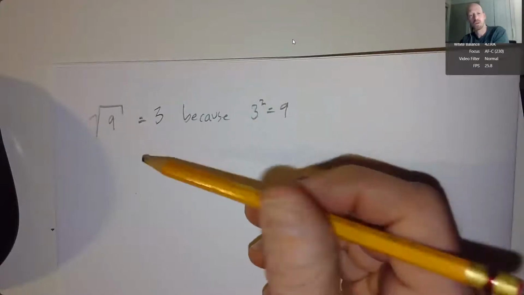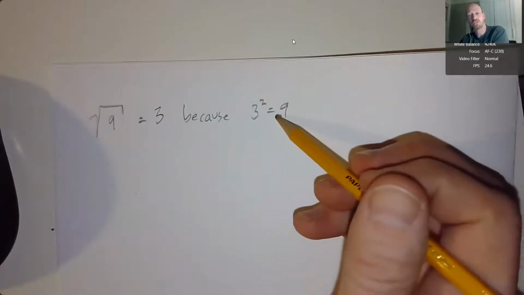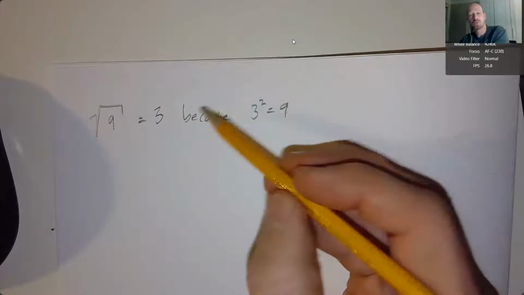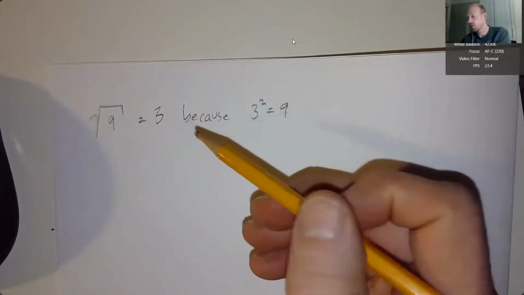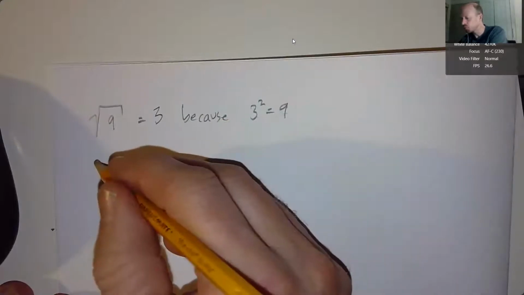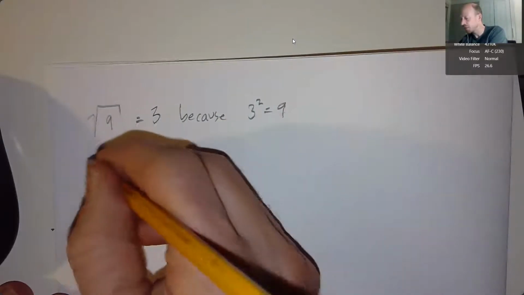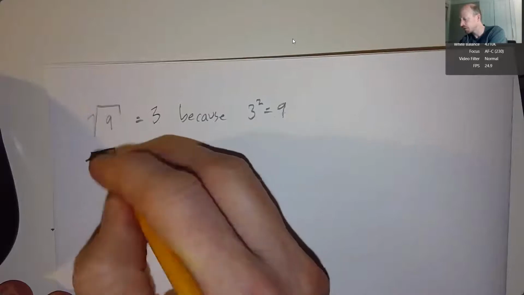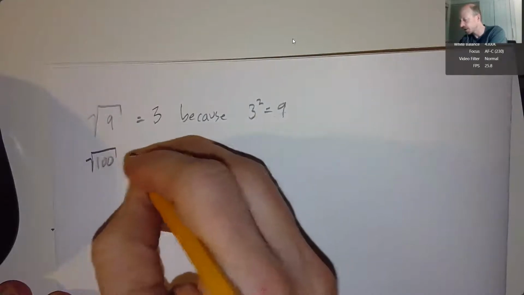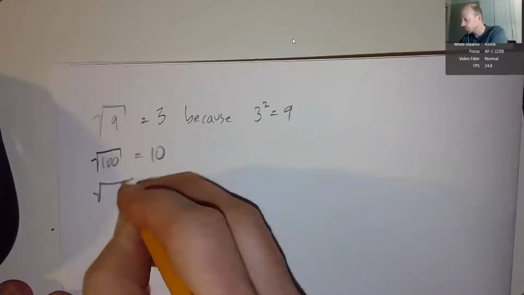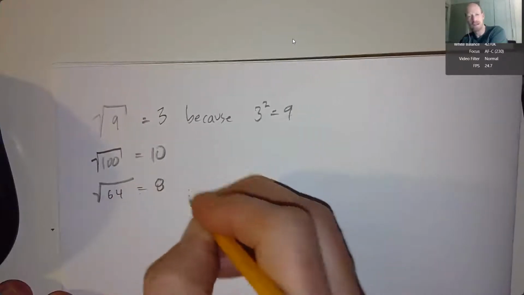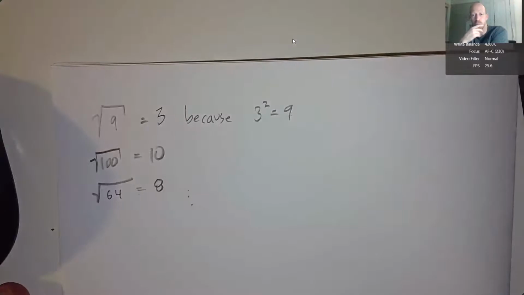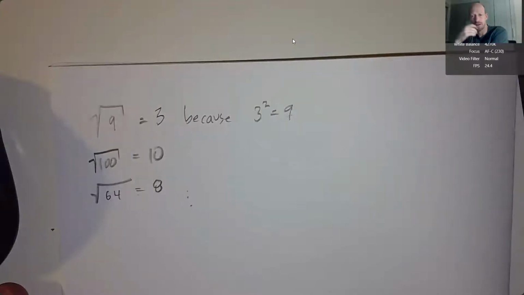So if some number squared is 9, then the square root of 9 is that number. So we go back and forth. And that works fine for lots of numbers, like the square root of 100 is 10, and the square root of 64 is 8, etc. And we just know those, hopefully, because of our multiplication facts.